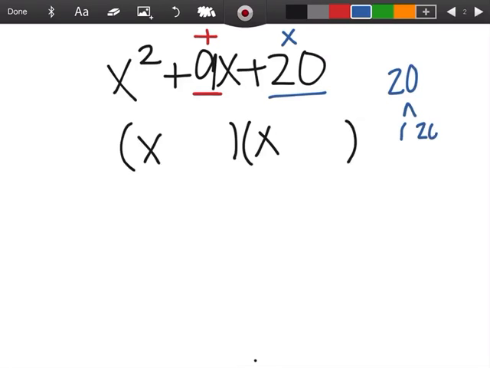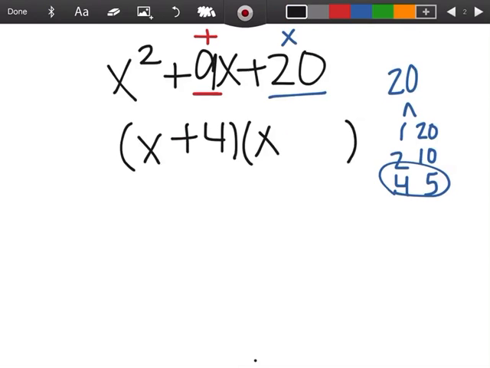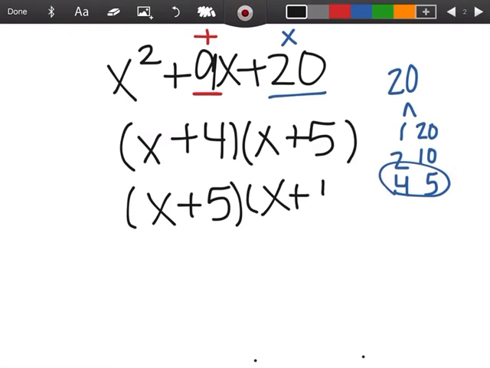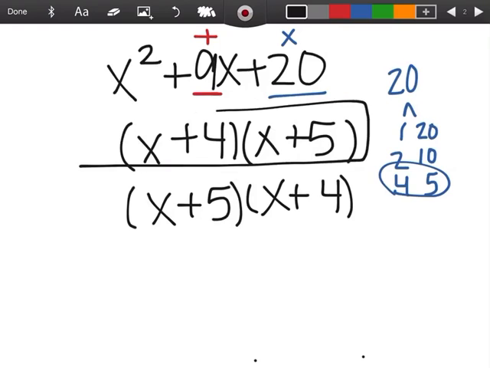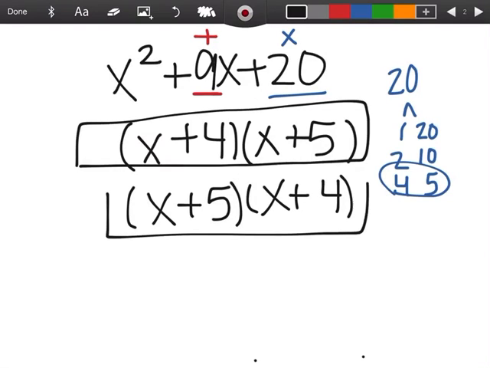So 1 and 20, 2 and 10, you might not need to show this work to recognize that the two numbers that multiply to be 20 and add up to be 9 are 4 and 5, which means x plus 4 and x plus 5. And in case you're wondering, I could have put plus 5 first and then plus 4. It means the same thing. I only need one answer though, but either one would be correct. There's no importance as to which number goes first.